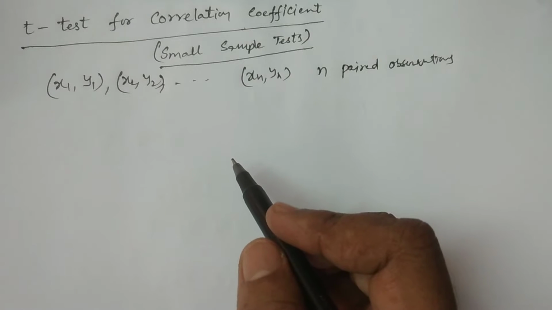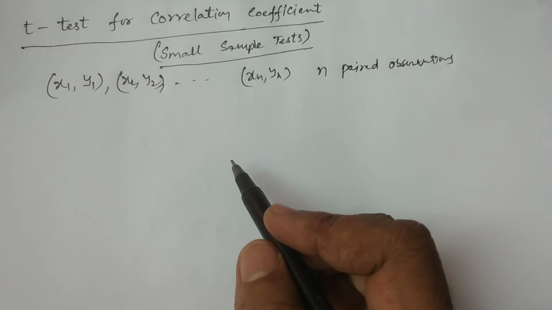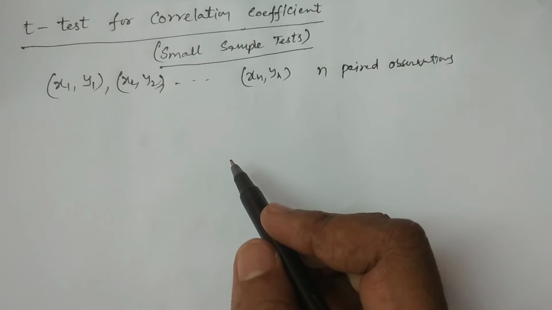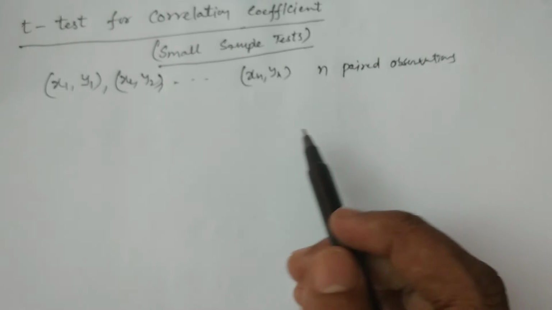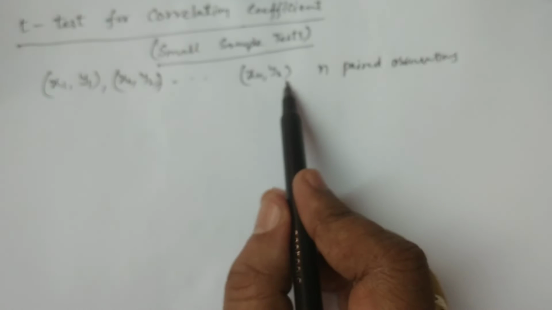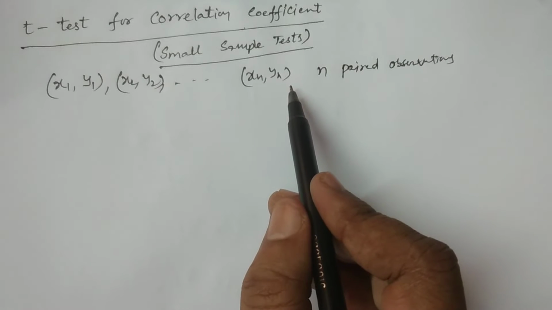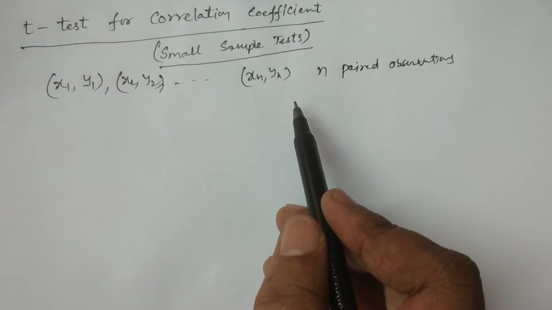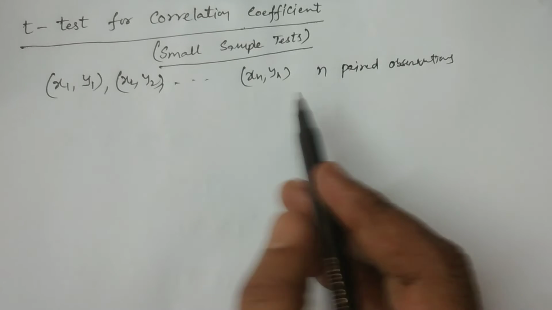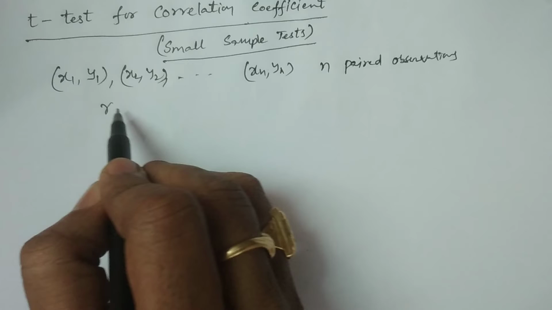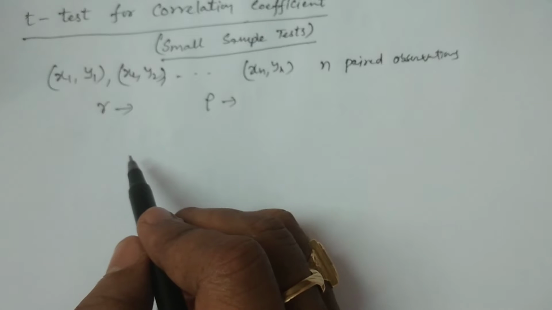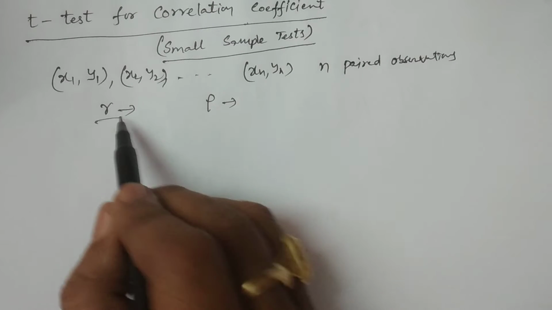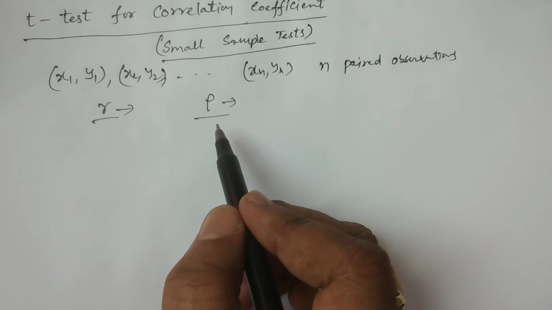Other measures are not relevant, because the test is based on the correlation coefficient, so we are not discussing them. Let small r be the sample correlation coefficient and rho be the population correlation coefficient, as usual.